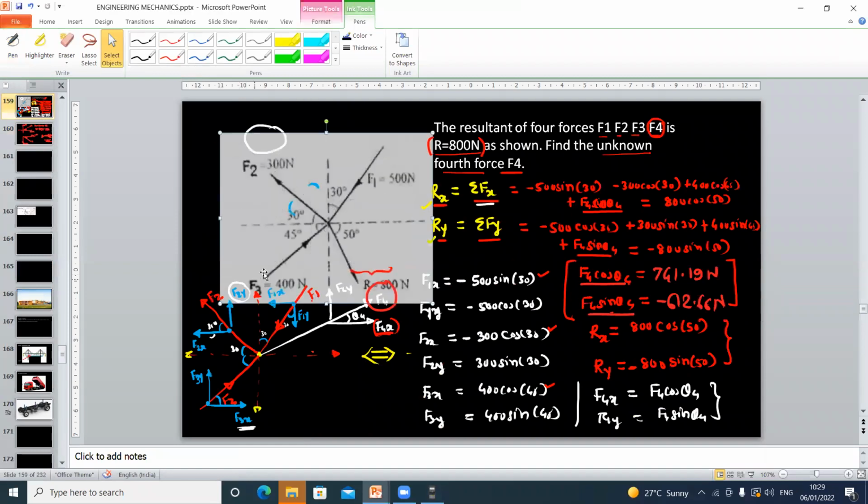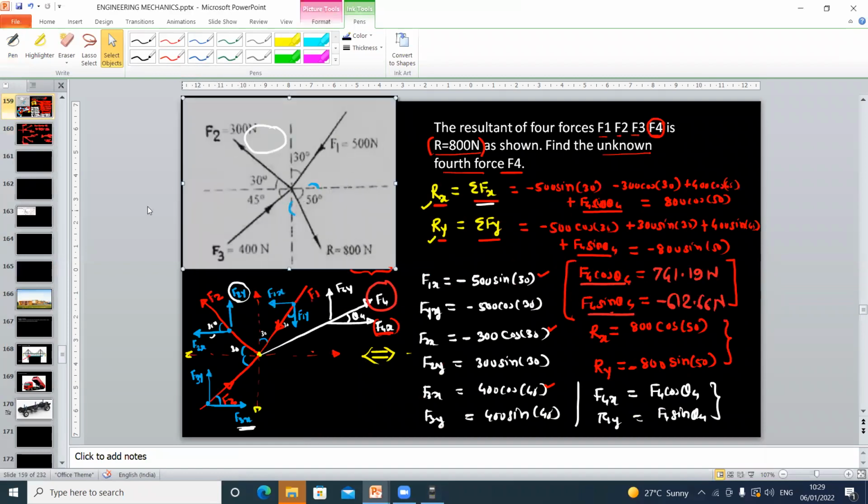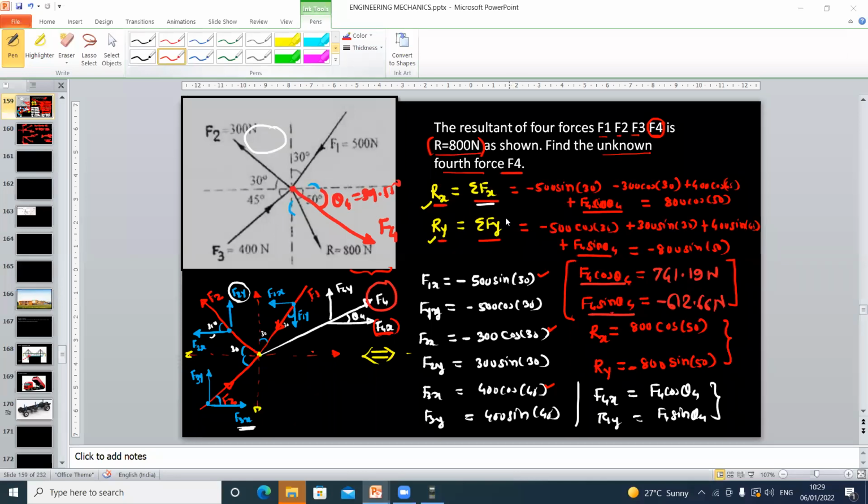So in this diagram, the position of the unknown fourth force. So this is the position. This is F4. This angle is theta 4, which is 39 degrees. Okay. So this is how you can solve this problem if the resultant is given and one of the forces is unknown. Okay.